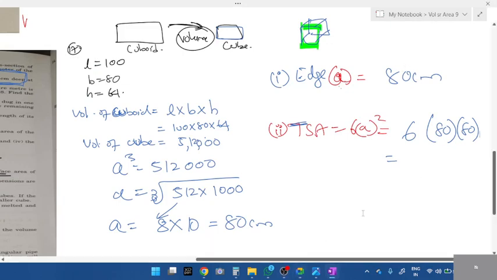You have to study for your final exam. So tomorrow, one free day. You can enjoy. No tuition. Even evening, I'll be free. What's the value for this? 8 8s are 64 into 6. Calculated. 38,400 centimeter square.